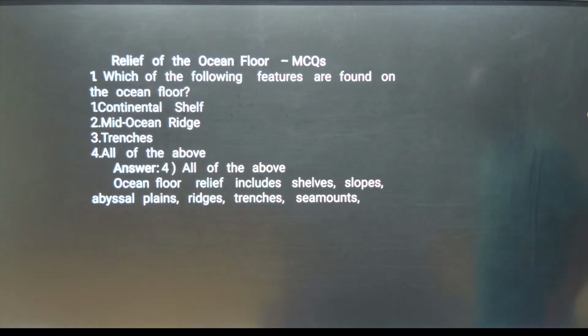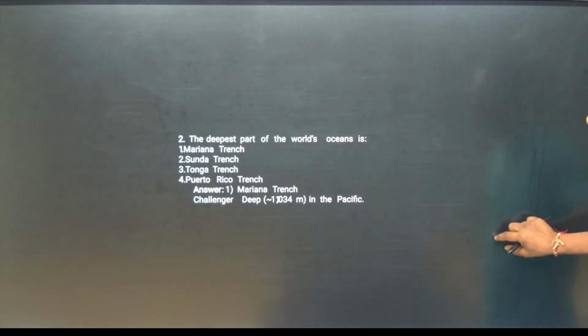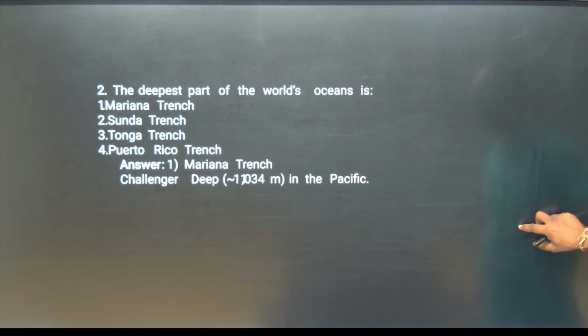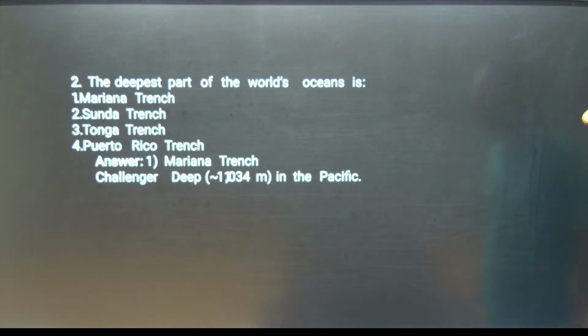Relief of the ocean floor MCQs. Which of the following features are found on the ocean floor? Of course, continental shelf, mid-ocean ridges, trenches, all of the above are found on the ocean floors. The deepest part of the world ocean is the Mariana Trench, 11,034 meters.